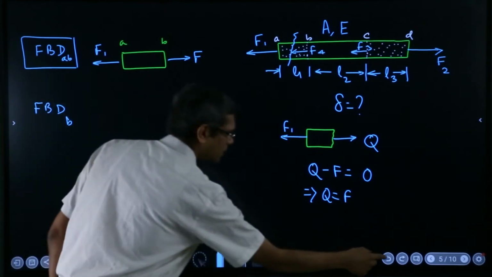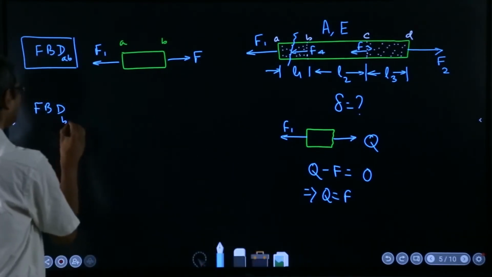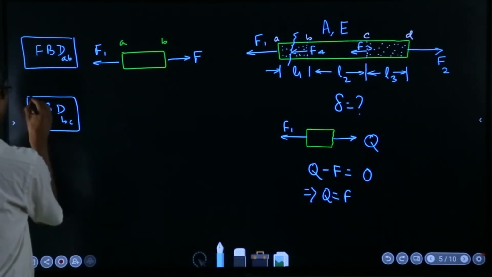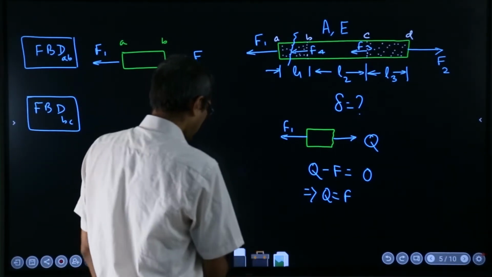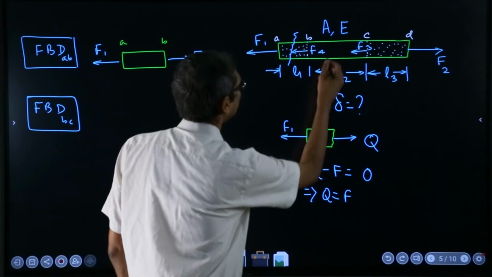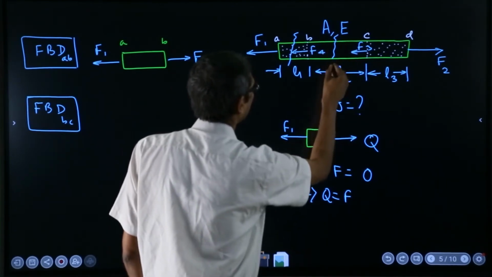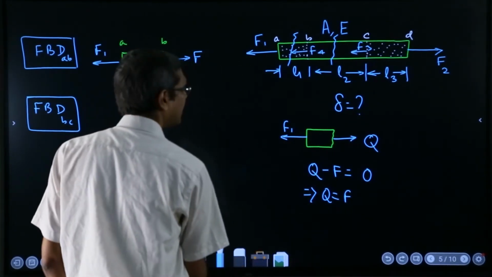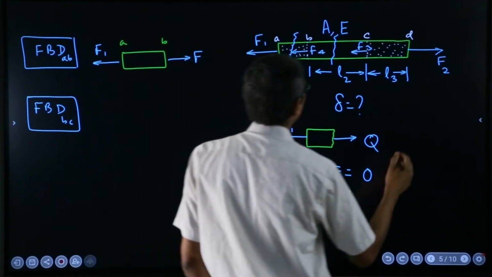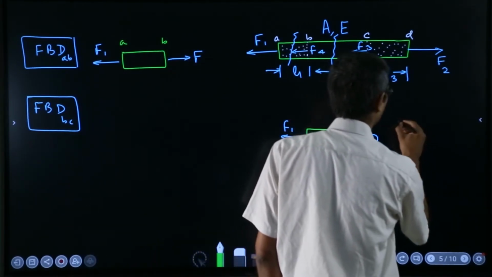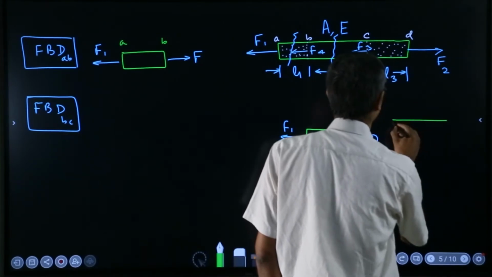Now let's go to the FBD of BC. Let's see what to do. The same thing: you go and cut a section like this, and let's draw the free body diagram of this much portion. Here I am drawing like this.